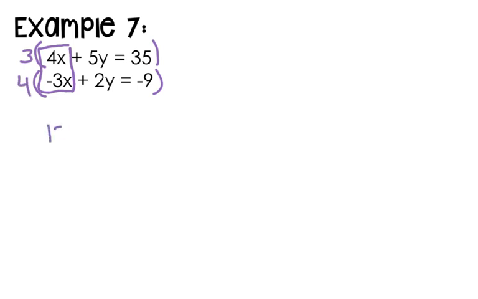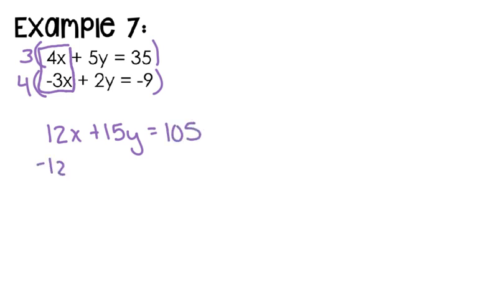So I'm going to have 12x plus 15y, and then we need to do 3 times 35. You might need your calculator for that, or maybe show a little work, because now we've got a larger number. But that's going to be 105.